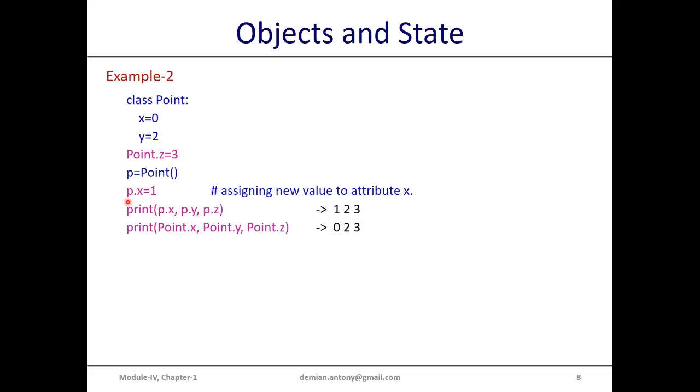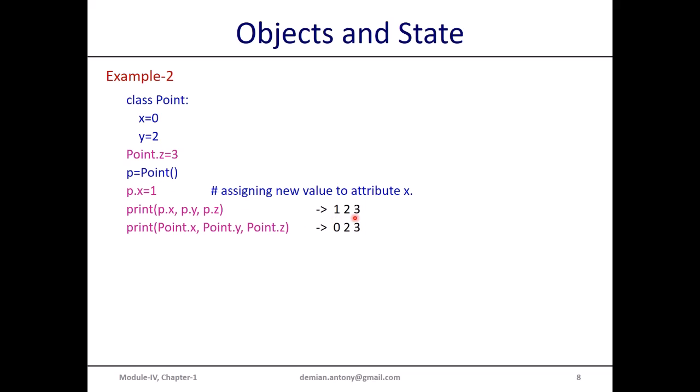Let me assign a value to x of object p, p dot x is equal to 1, and let me print these values p dot x, y and z of p. We'll get the result 1, 2, 3. 2 and 3 are already the values available in p because of the instance of class object point, and we have assigned the new value to attribute x, that is 1.